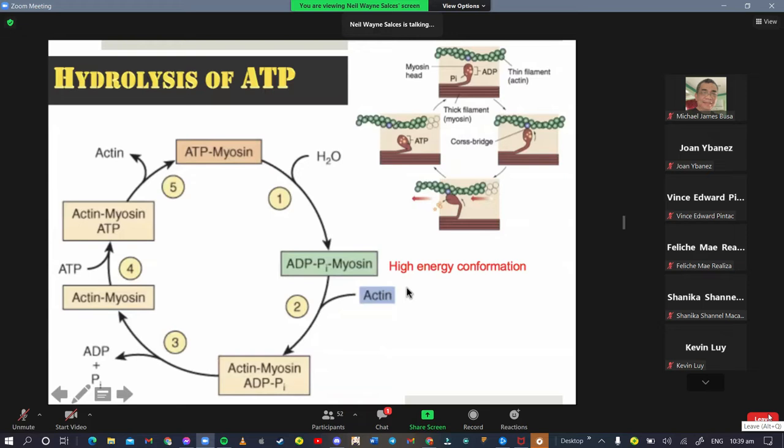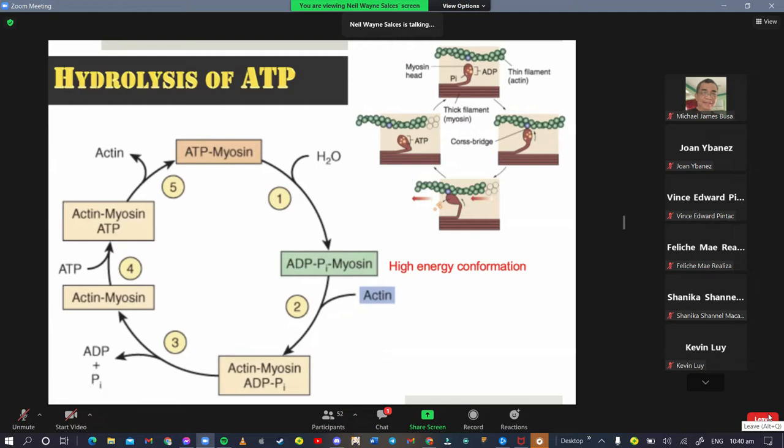And the S1 head of the myosin finds it, binds it, and eventually forms your actin myosin ADP-Pi complex. So this is the product of the second biochemical event that occurs during one cycle of muscle contraction and relaxation.